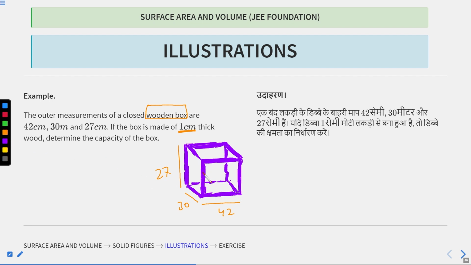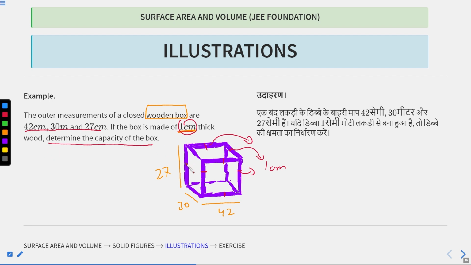Everywhere it is 1 centimeter. So from every side, every edge is 1 centimeter thick. Now we are given the outer dimensions, and the box is made up of 1 centimeter thick wood. Determine the capacity of the box.